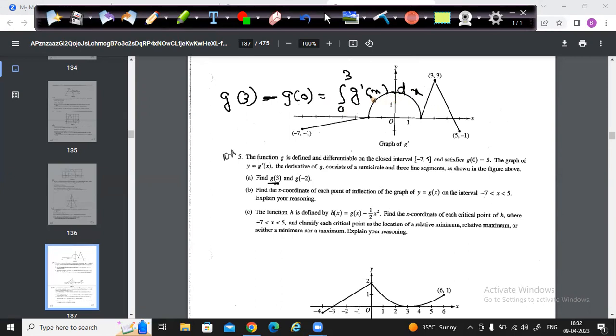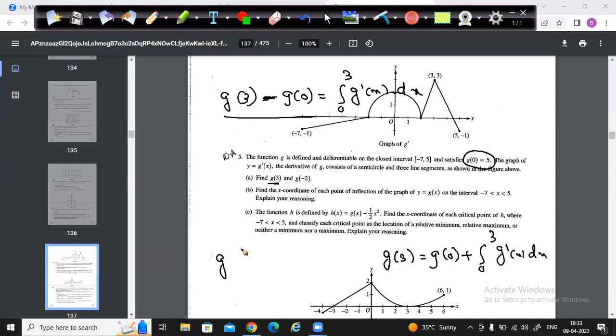So g of 3 is equal to g of 0 plus the integral. Why am I using g of 0? Because the value of g of 0 is clearly given in the function. So I find g of 3 using g of 0 plus the integral from 0 to 3 of g dash of x dx. Because the integral of g dash of x from 0 to 3 is g of 3 minus g of 0.